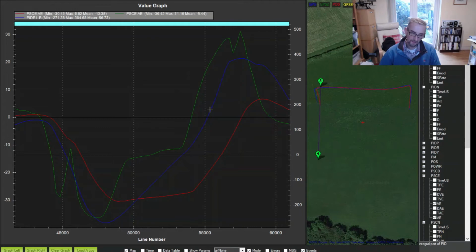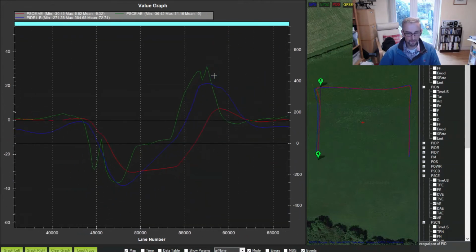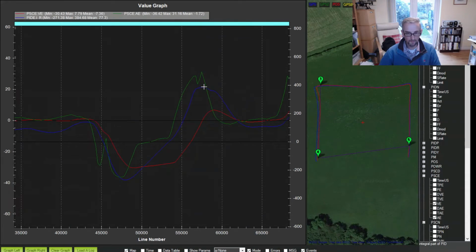You can see again I is creeping up here, so it seems like I is creeping up a lot more than it was in the first leg. So it seems like the position controller is working well for the first leg, but after the first leg things start to unravel a little bit.